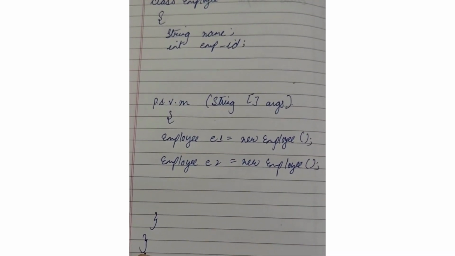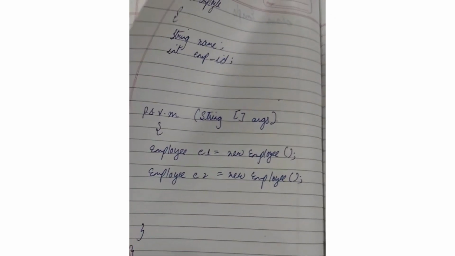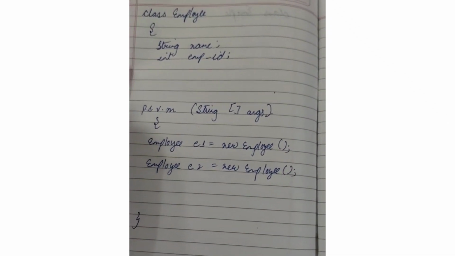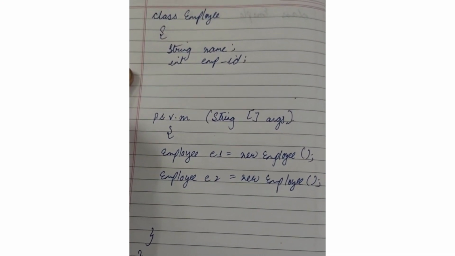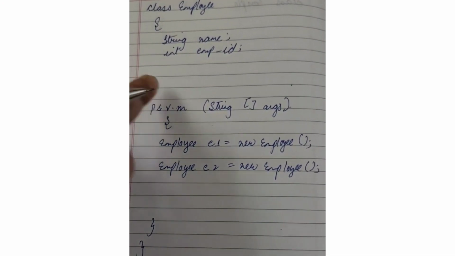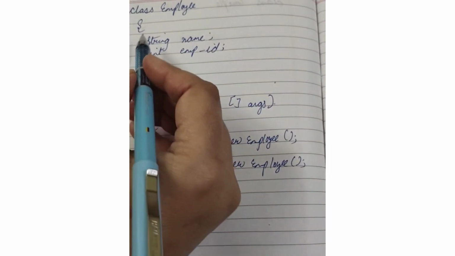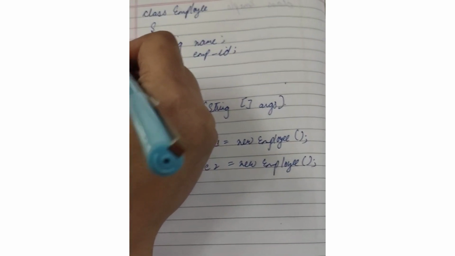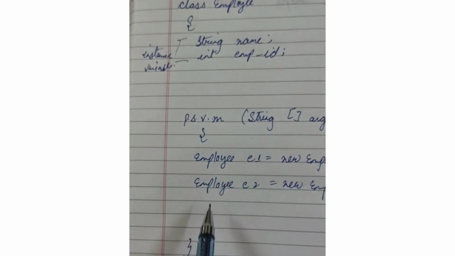Now see, for initializing an object we always use three techniques. One is a reference variable, one is a method, and one is a constructor. Now the one of the reference which I'm giving you here, these are your instance variables, correct?